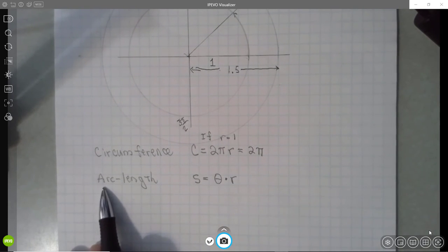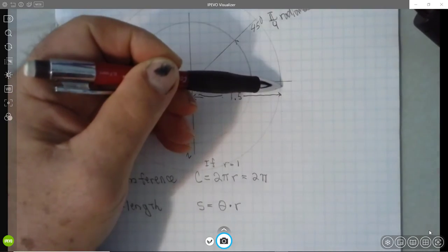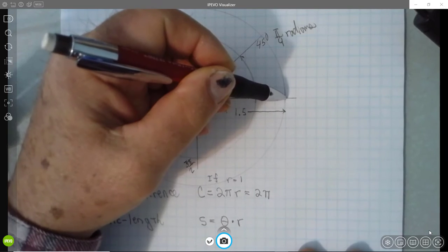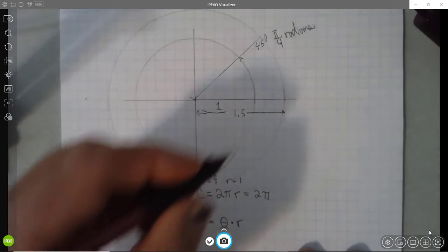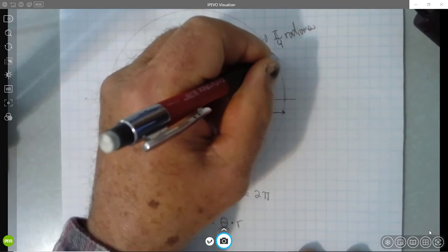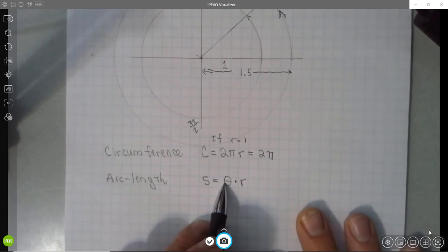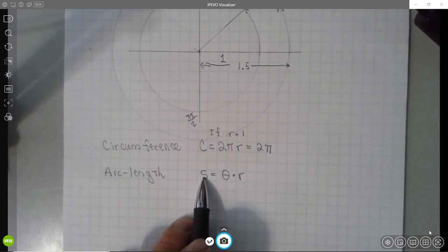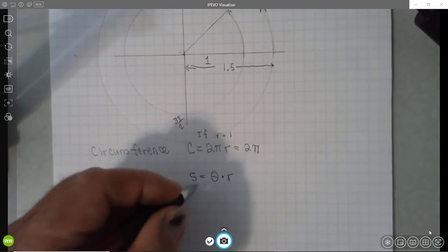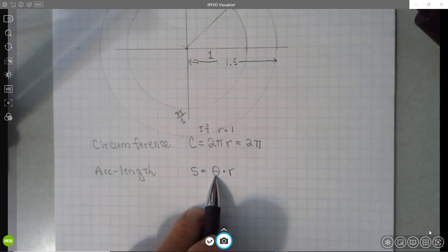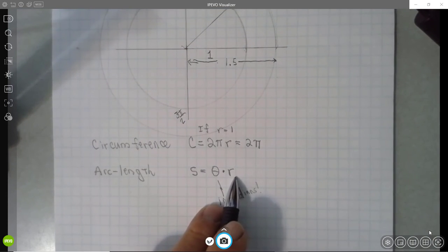So there's a formula known as the arc length formula, and it answers this question. Suppose you want to measure this distance along the circumference of the circle for a particular angle, and you have measured the angle in radians. Then it turns out that the arc length, the distance along the circumference here, is always given by the measure of the angle in radians times the radius of the circle.